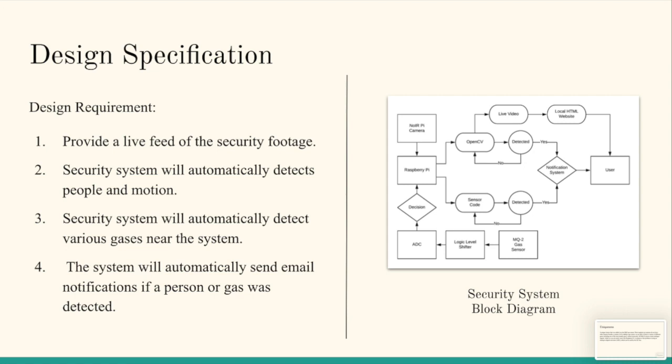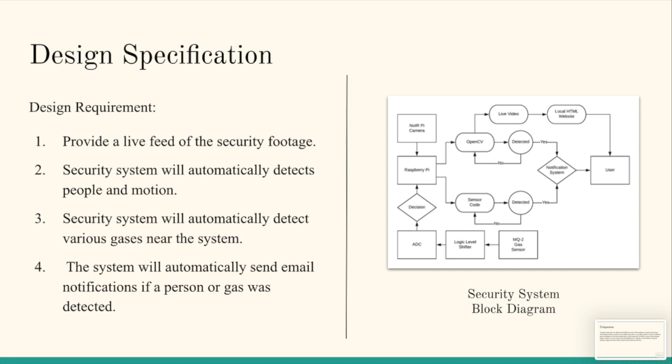Now to the right, we actually have a block diagram showing this very process. Both the sensor and the Pi camera send their information directly to the Raspberry Pi, and the Raspberry Pi takes this information and relays it to the corresponding programs. In the gas sensor's case, it would be the sensor code.